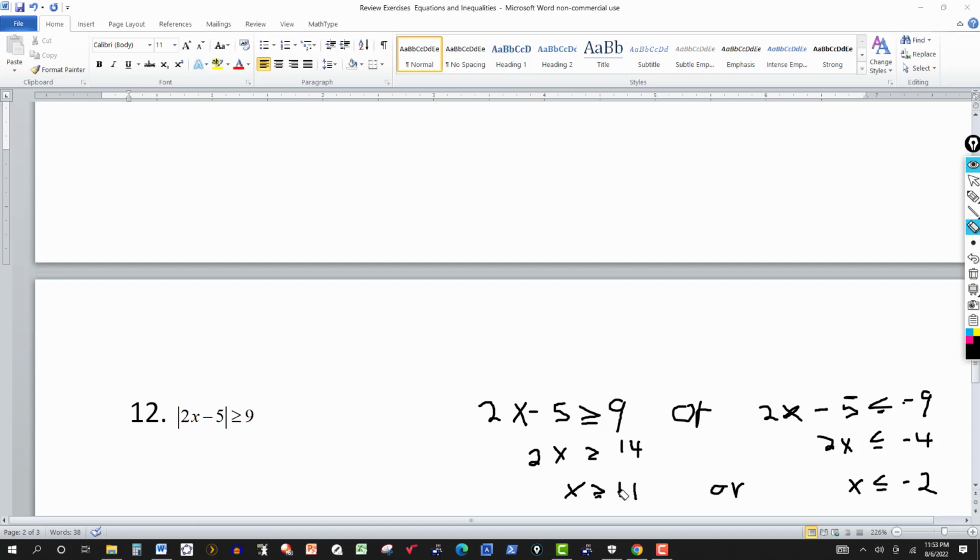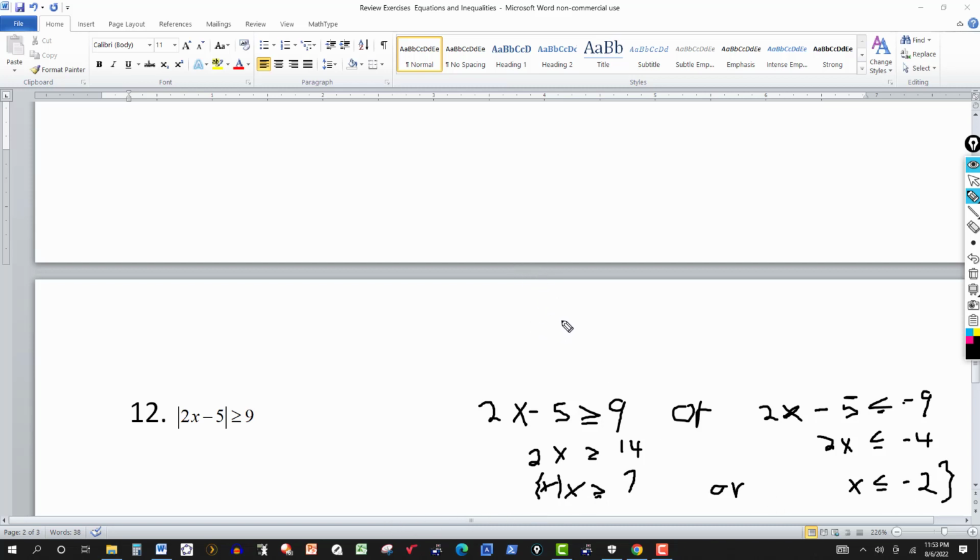And this should be 7 here, 14 divided by 2. So in set notation, it's a set of all x such that x is greater than or equal to 7, or x is less than or equal to -2. So that's your set notation.